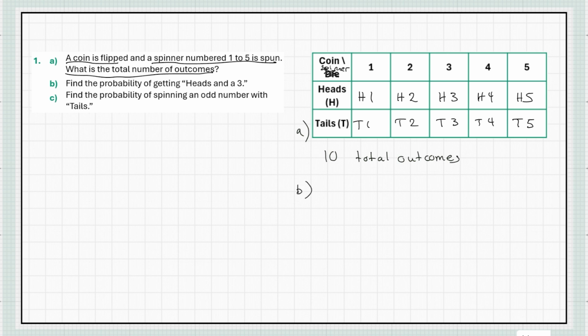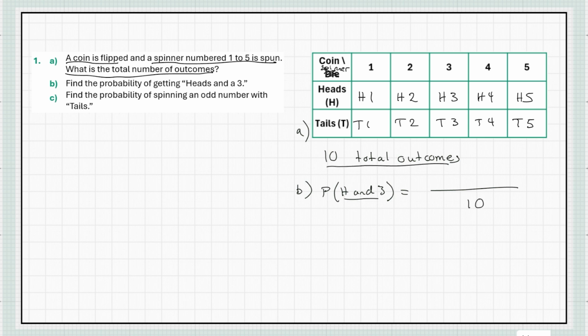Looking at B, find the probability of getting heads and a 3. Now remember that we have to work out probability of heads and 3. It's the number of favorable outcomes, the number of outcomes that are this, divided by the total number of outcomes. Now, total number of outcomes is 10.